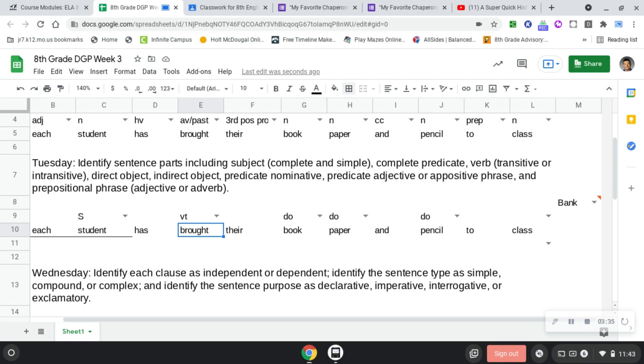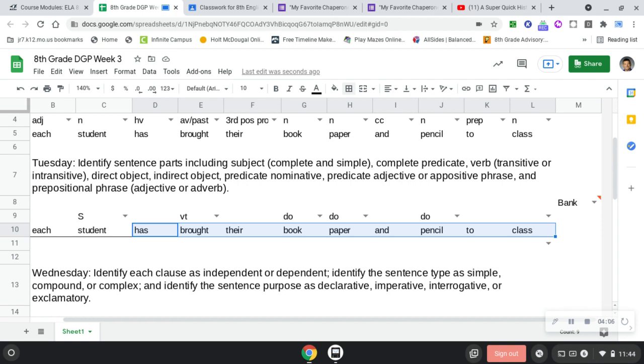It starts at brought. Well, the verbs have to be in the predicate. Okay, so what do we do with the helping verb? We don't get rid of it. What does the helping verb have to stay with? The verb. So we go from has to what? All the way to class.